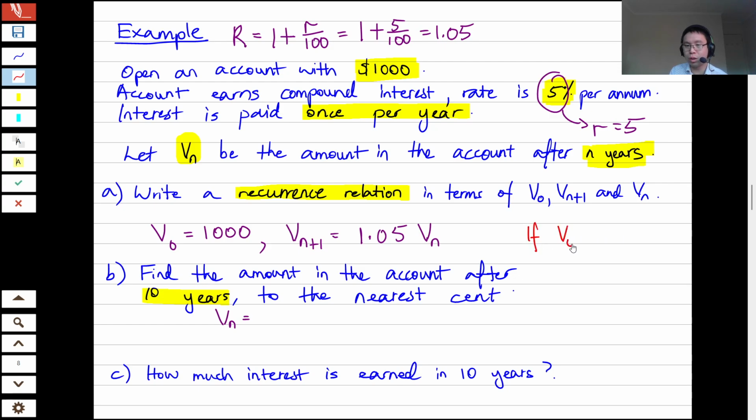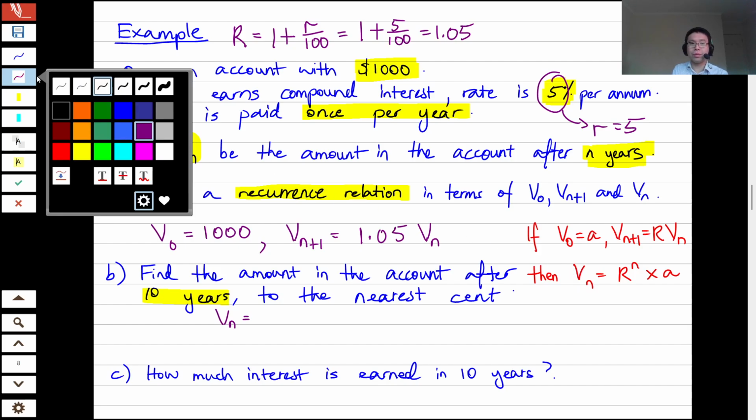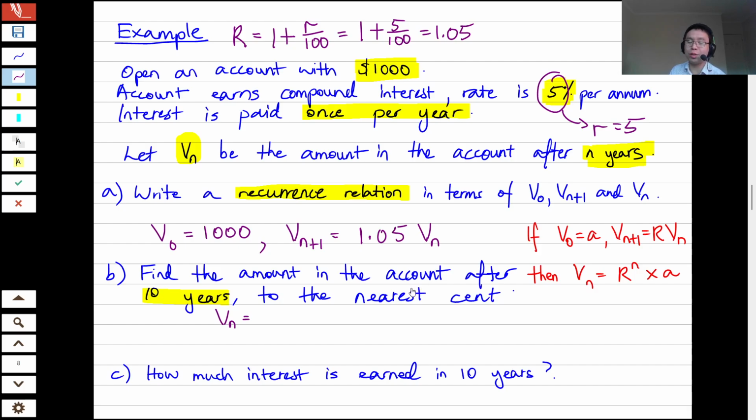If V0 equals A, and Vn plus 1 equals R times Vn, then a formula for Vn in terms of n is Vn equals R to the power of n times A. So, in this instance, A is 1000 and R is 1.05. So my formula for Vn is 1.05 to the power of n times 1000.